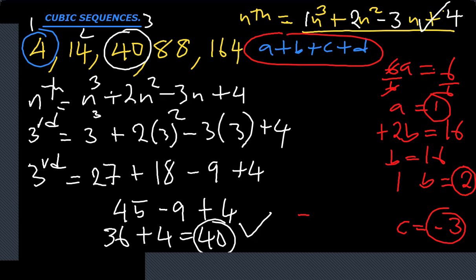The difference of the difference is represented by the expression 12a plus 2b. The first difference is represented by the expression 7a plus 3b plus c. And the first term is represented by a plus b plus c plus d. So if you have that, then you can manage solving cubic sequences.